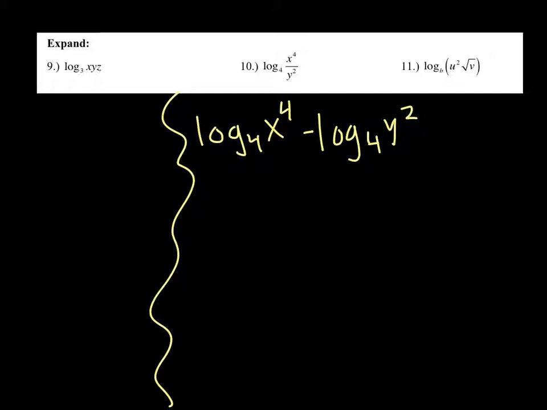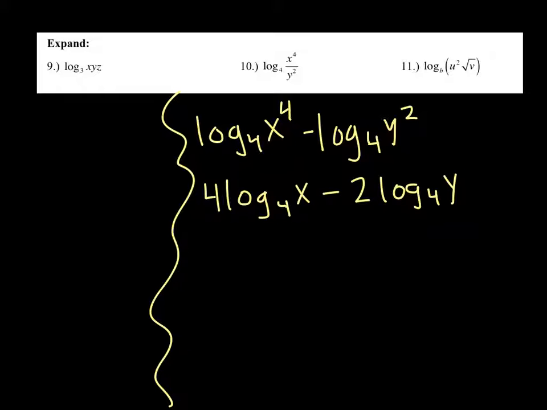But our properties say that we can do something with that exponent. So we have x to the 4th and y squared. So what happens is we can bring that 4 and that power of 2 to the front. So this actually becomes 4 log base 4 of x minus 2 log base 4 of y.